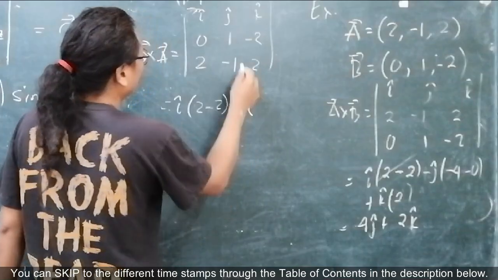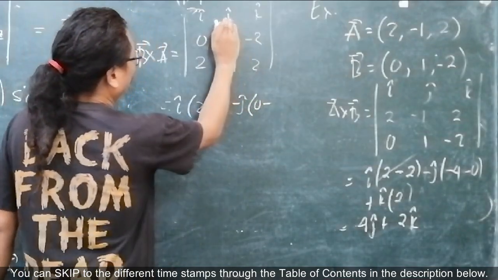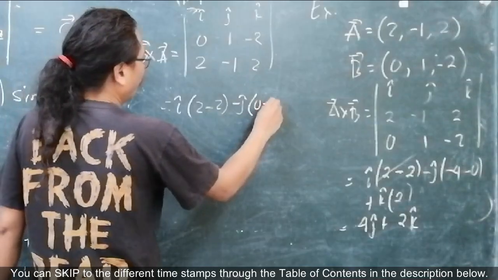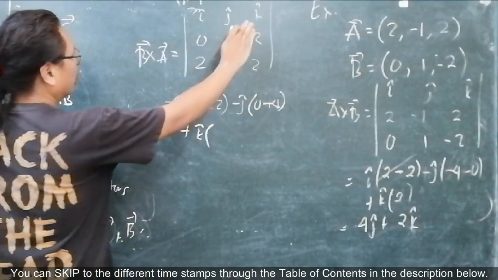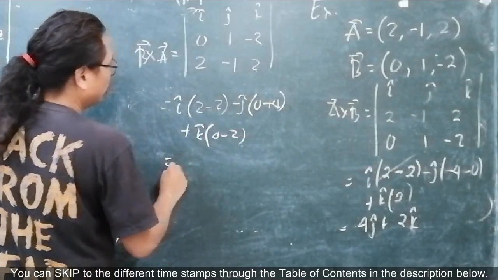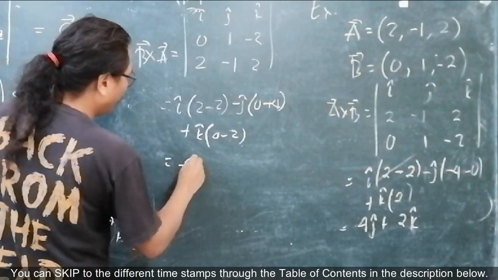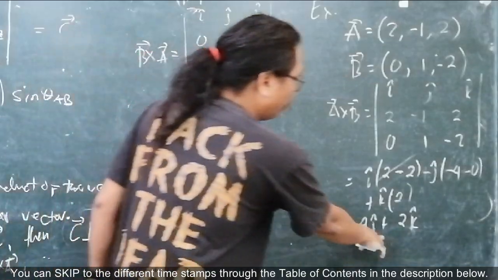Minus j times 0 minus negative 4, so 4, plus k hat times 0 minus 2. So this is clearly negative 4j minus 2k, which is just the negative of this vector.